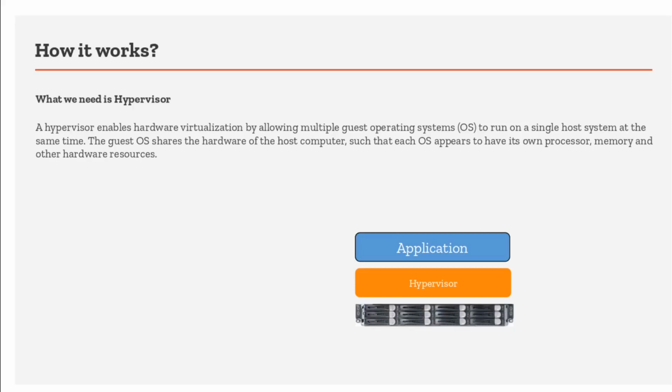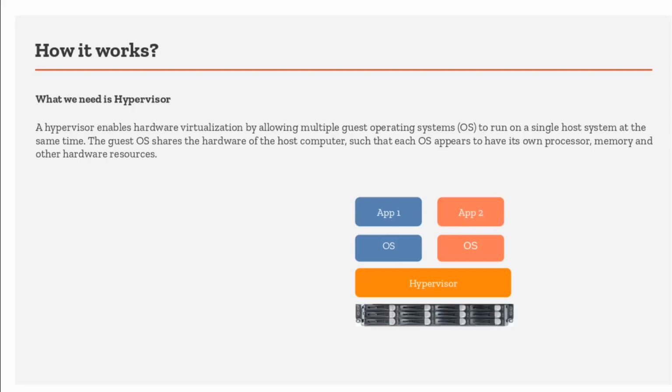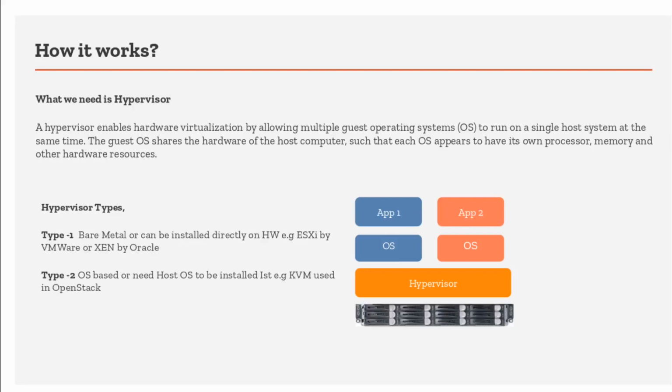Even my existing OS can run a hypervisor on top of it, so we don't have to scrap everything if we are moving from a traditional to a virtualized system. Now my same OS or my same physical server can have multiple OS and multiple applications using this hypervisor.